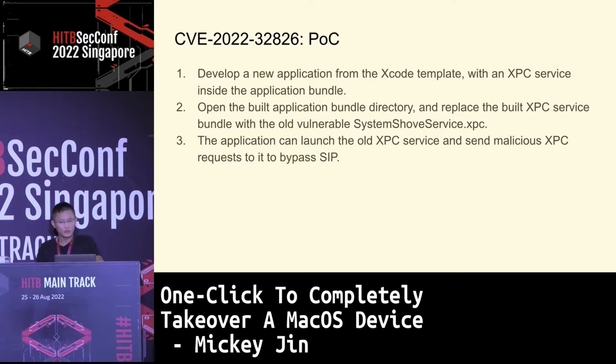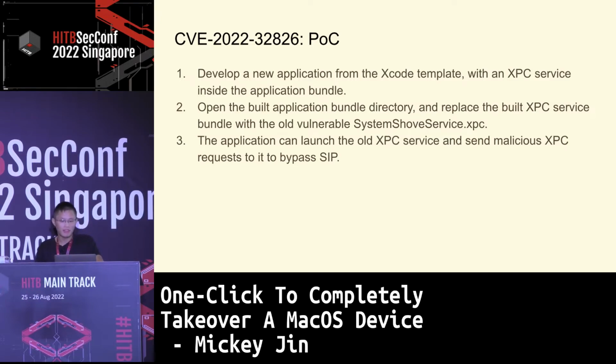To prove my concept, I developed a new application from the Xcode template with an XPC service inside the application bundle. Then open the built application bundle directory. Replace the built XPC service bundle with the older vulnerable one. Finally, the application can launch the older XPC service and send malicious XPC requests to it to bypass SIP.